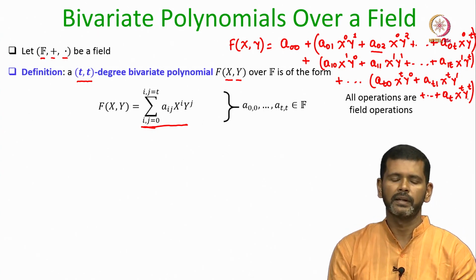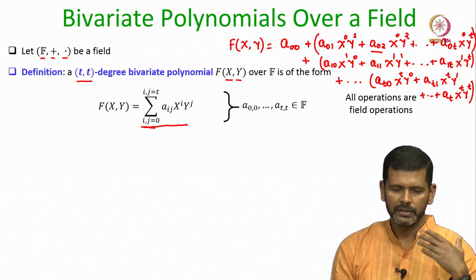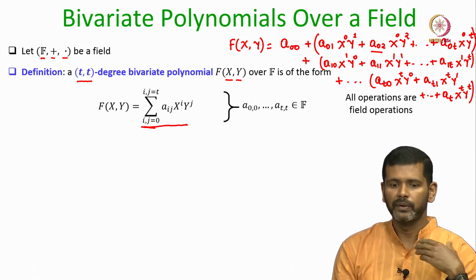So, you can imagine it as a two dimensional generalization of univariate polynomials.